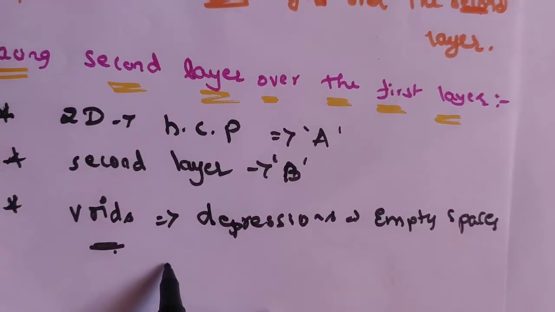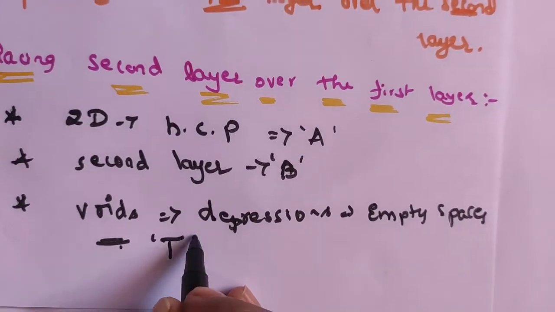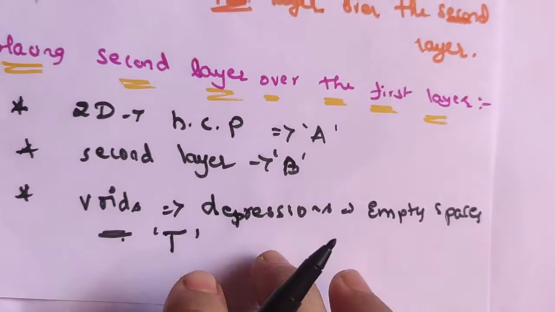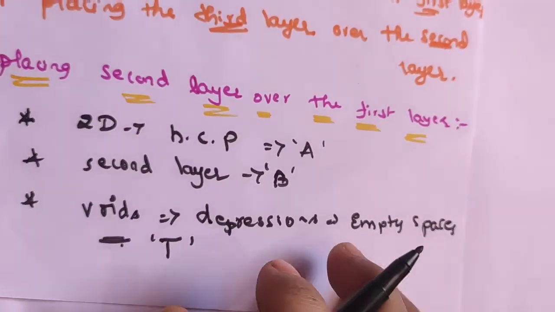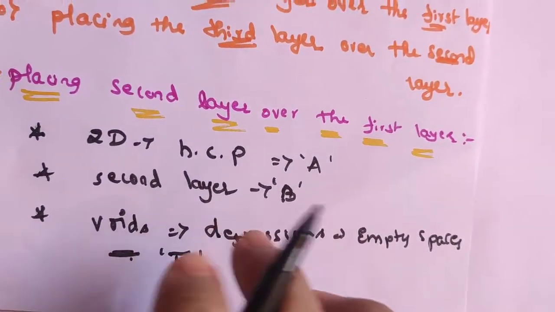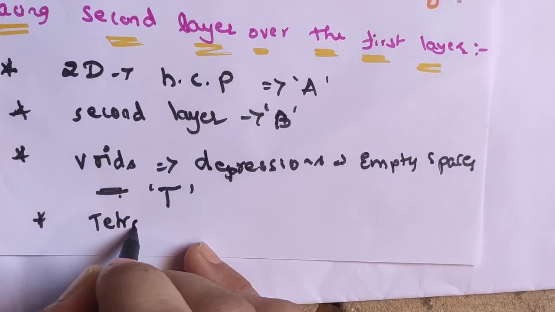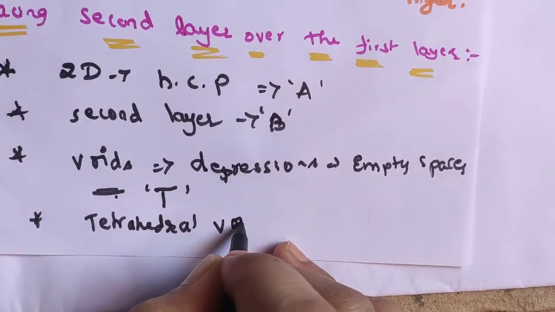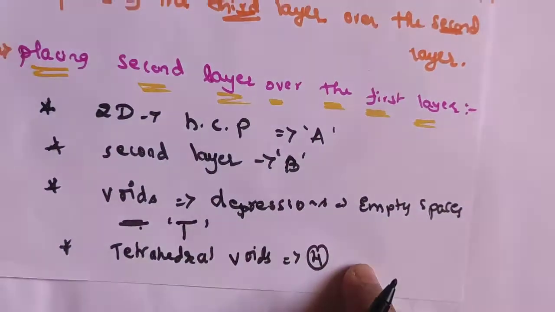This void is represented by the symbol T, capital T, because a tetrahedron is formed when the centers of those four spheres are connected. Tetrahedral voids form whenever four spheres are connected.